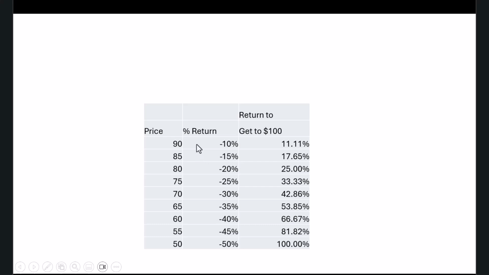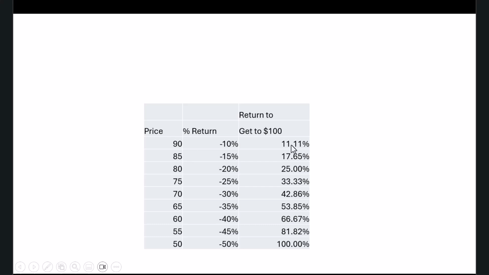So let's take a look at some numbers here. Suppose we have that $100 stock price, and then the price falls to 90, that's a 10% drop, falls to 85, that's a 15% drop, and I did it all the way down to falling to 50, that's a 50% drop. But what do you need to get back to even? In the first case, when it drops by 10%, it has to go up 11.11% to get back to 100.